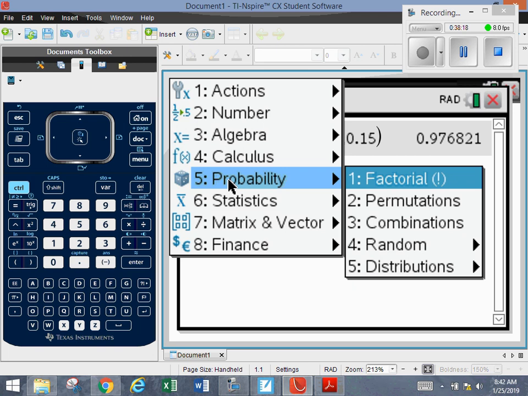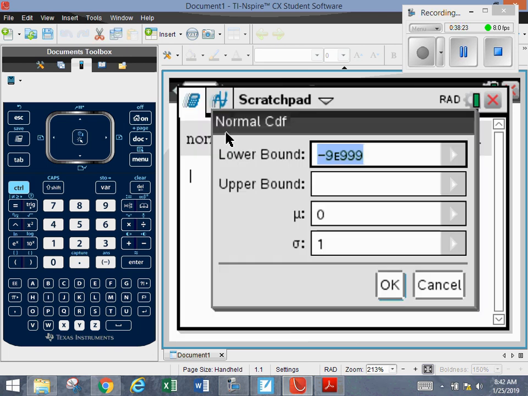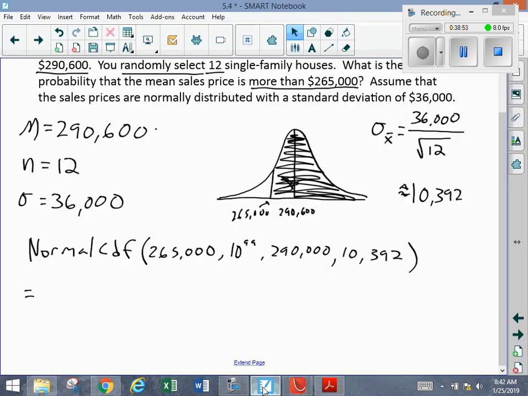Menu, probability, distributions, normal CDF. Lower bound was 265,000. Upper bound, something like infinity. Mean 290,600. Oops, I put a decimal. Standard deviation 10,000.